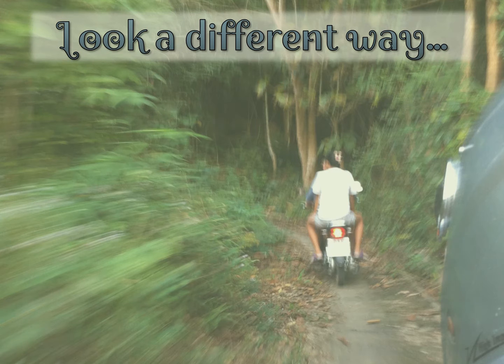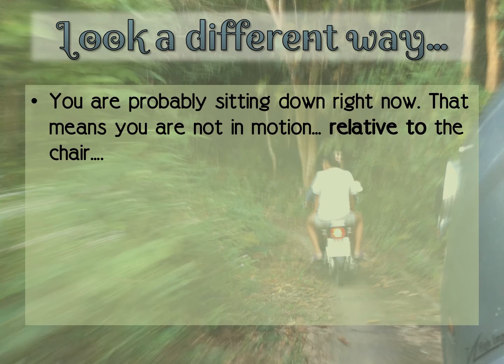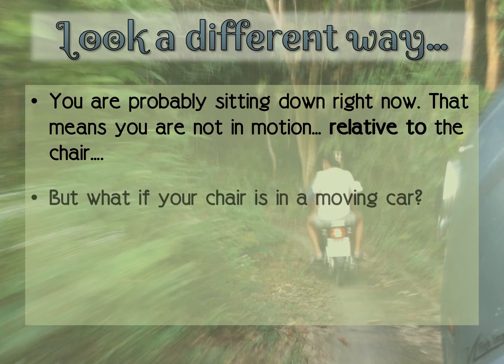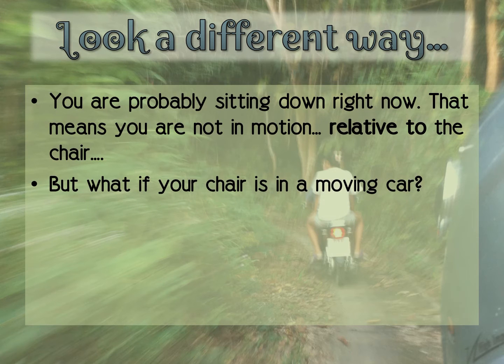So when you're doing physics, you need to look at things in many different ways. We've already talked about this actually. So you, wherever you are, probably sitting down right now, and that means that you are not moving relative to the chair you are sitting in. But what if you are sitting in a car that is driving along? In that case, your chair is in a moving car.